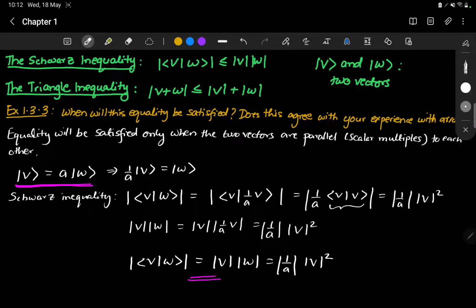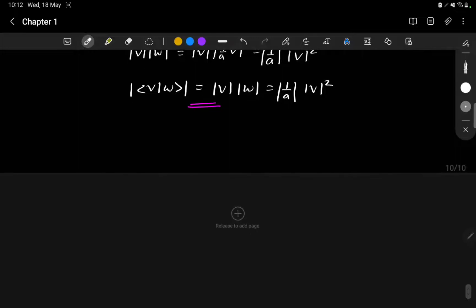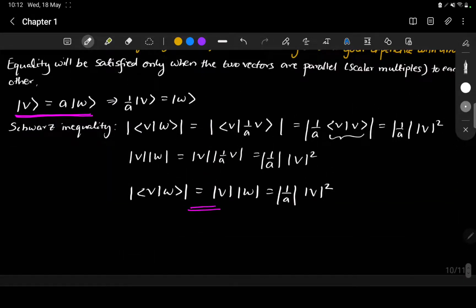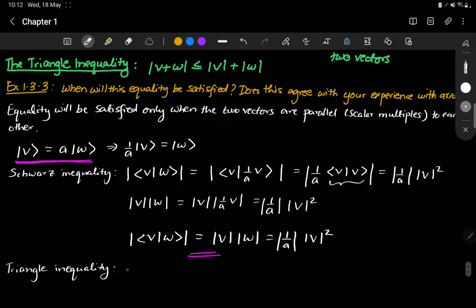Let us look at the triangle inequality. For the triangle inequality, we need to find out the magnitude of the sum.